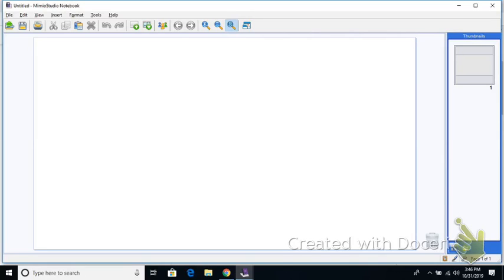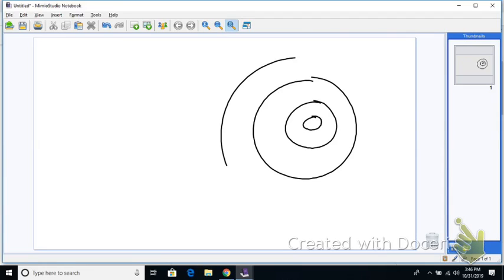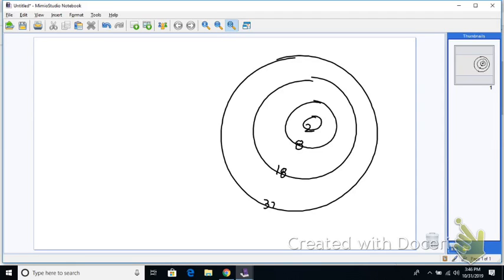So when you look at comparing a drawing of the Bohr model, where these electrons are located in the regions, you've got 2 electrons in the first region, 8 possible in the second, 18 in the third, and then 32 available in the fourth, when you take a look at how many each level can hold.